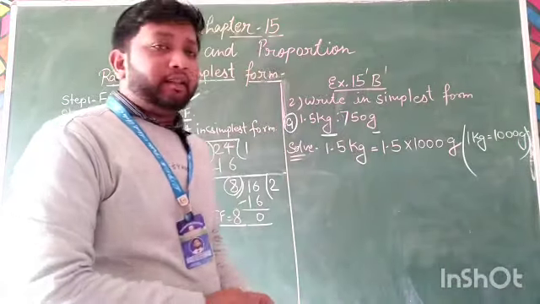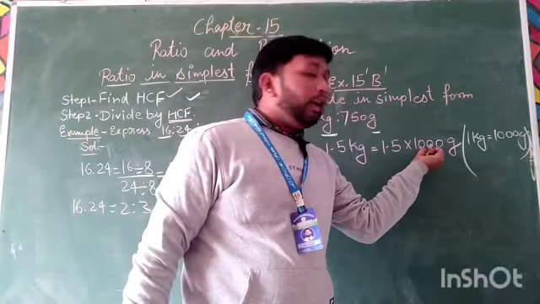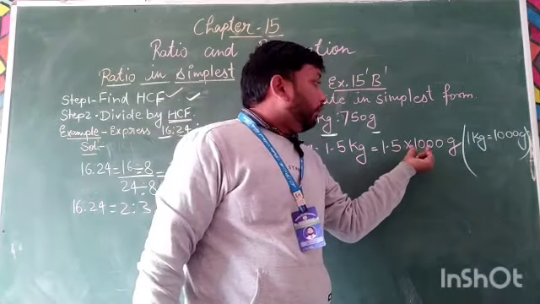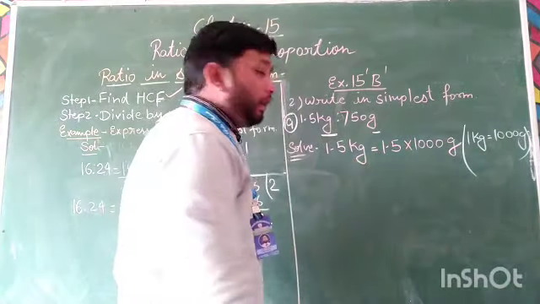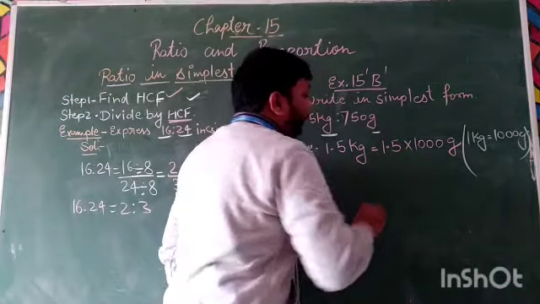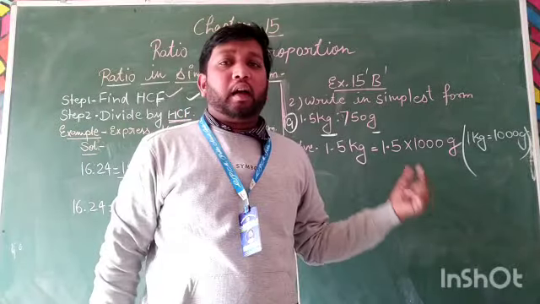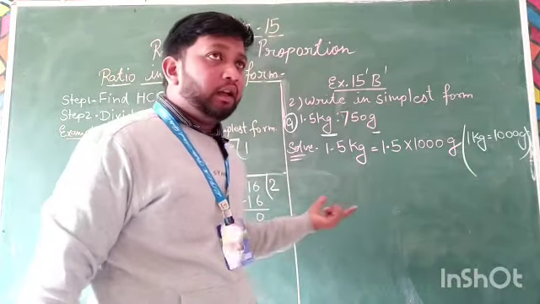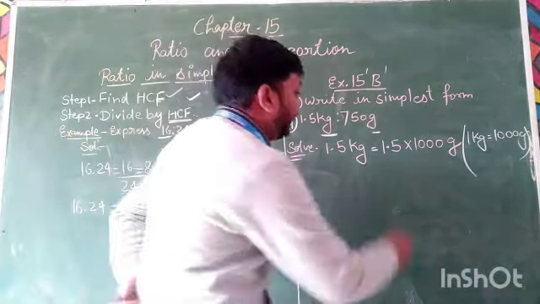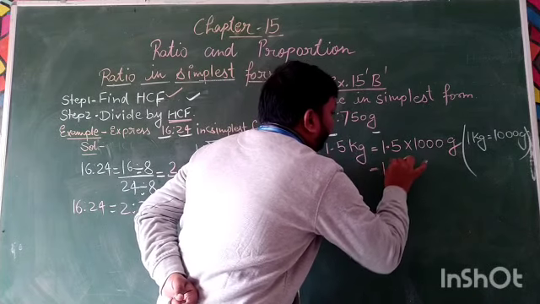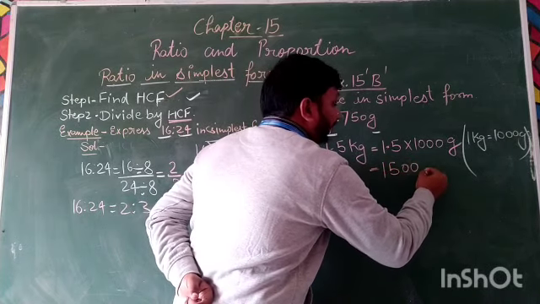The number of zeros in 1000 is 3, so when we multiply, the decimal moves 3 digits. If we multiply this, we get 1500 gram.